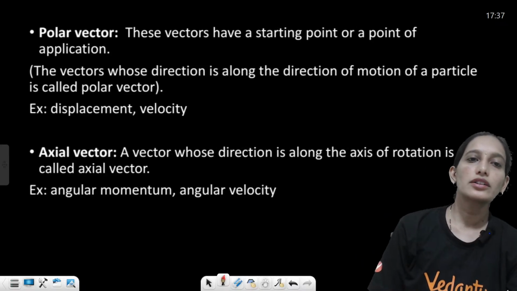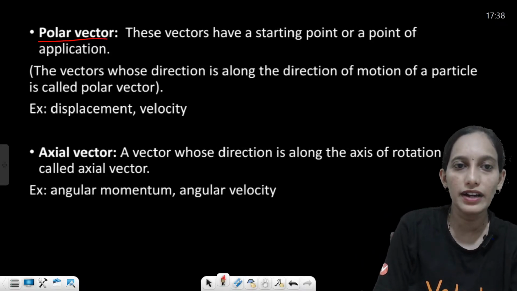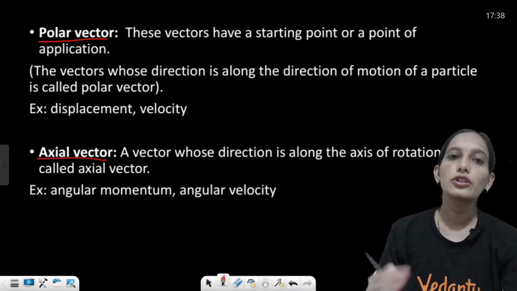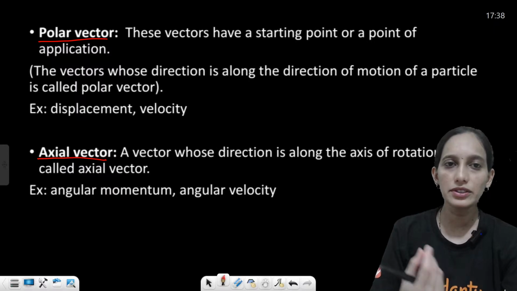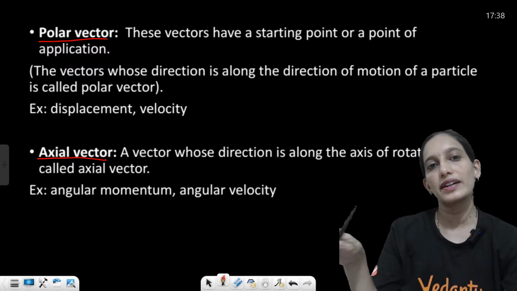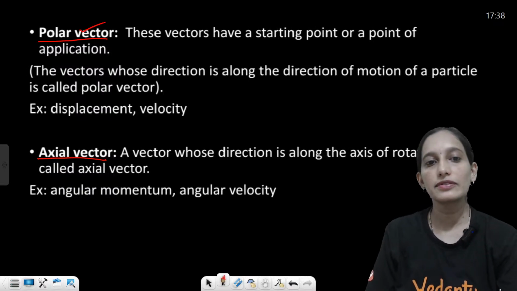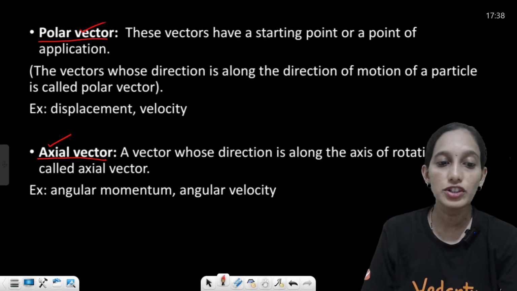So there are two more ways of classifying the vectors depending on the direction. Depending on a few other parameters, we broadly classify all the vectors into two categories. One is polar vector, the other one is axial vector.